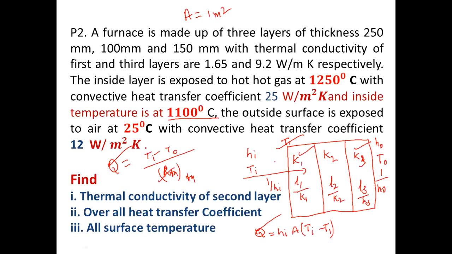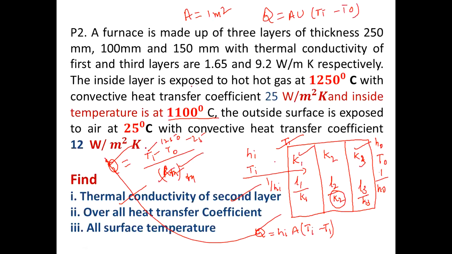You put in the total thermal resistance. You have only one unknown, K2. Then you can find the thermal conductivity K2 and equate this heat transfer here. Ti you know, 1250 degrees Celsius, and T0 is 25 degrees Celsius. If you find all these things, you can find K2 easily. Then the overall heat transfer coefficient you can find from this formula, A into U into Ti minus T0.